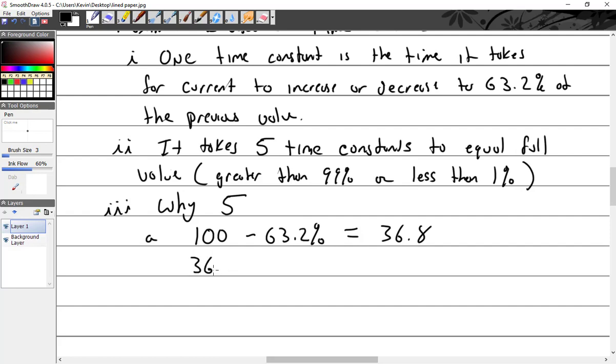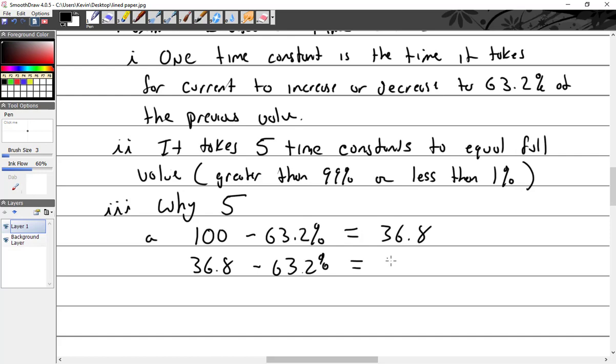So I'm left with 36.8, and I subtract 63.2%. I didn't write down the exact number, but if I subtract 63.2% from this number, I'm going to be left with?